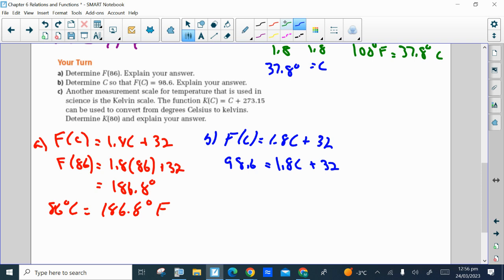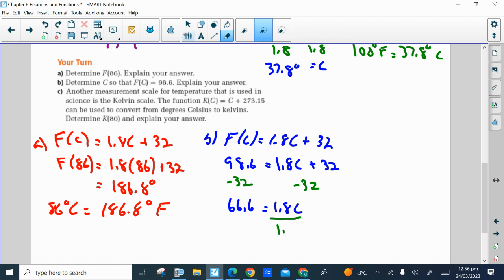In this case, we need to solve for C. We'll subtract the 32 from both sides. 98.6 take away 32 is 66.6. Then to get C by itself, you divide both sides by the 1.8.